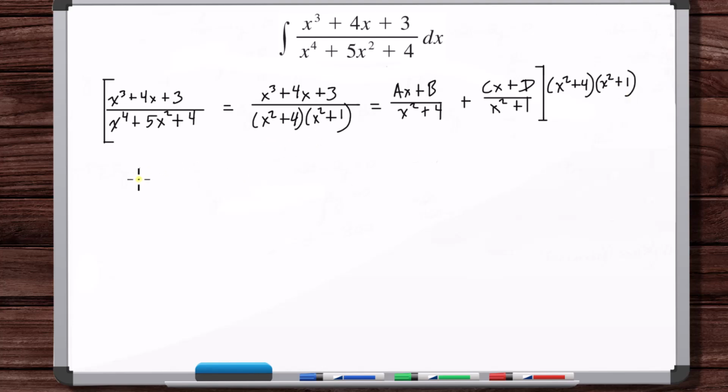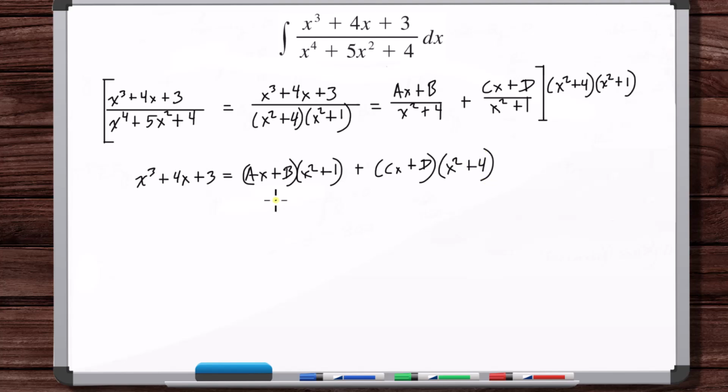Okay, it looks like there's no simple substitution we can make for x and find a constant. So let's just go ahead and distribute this.